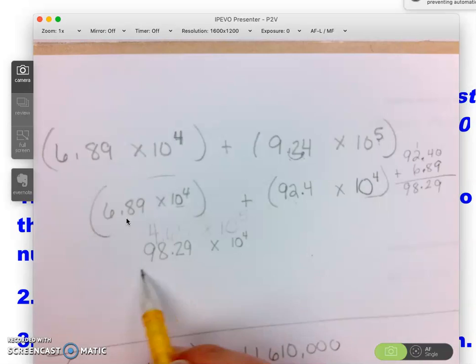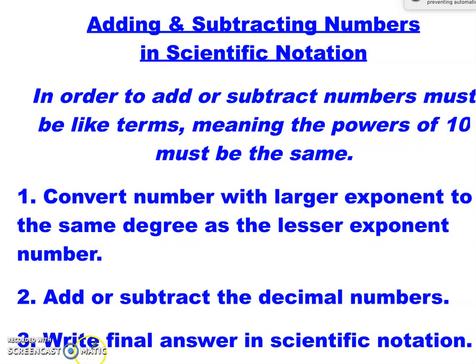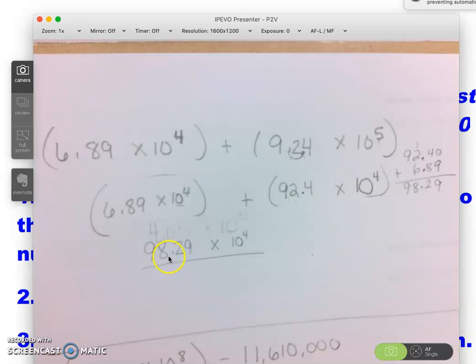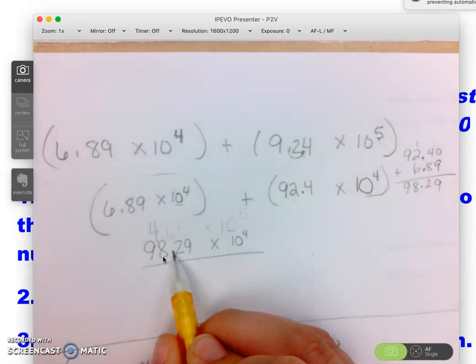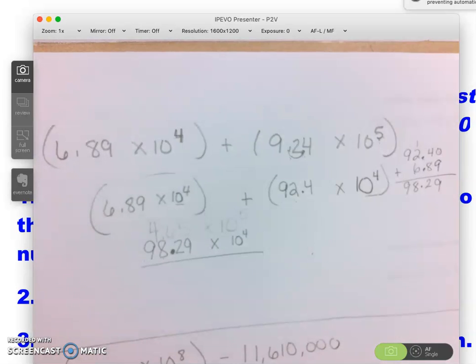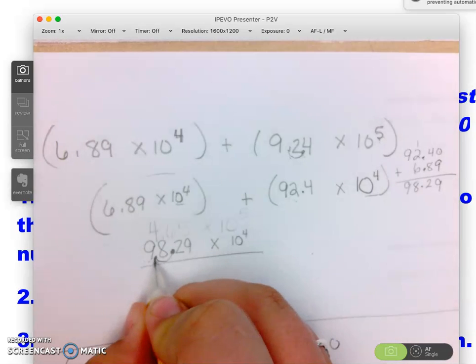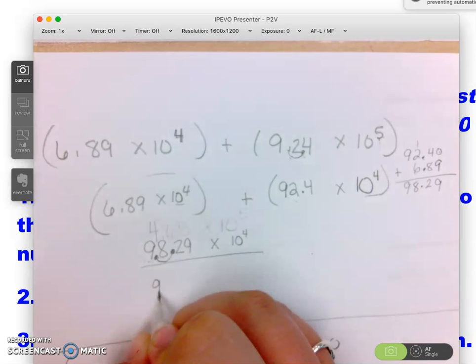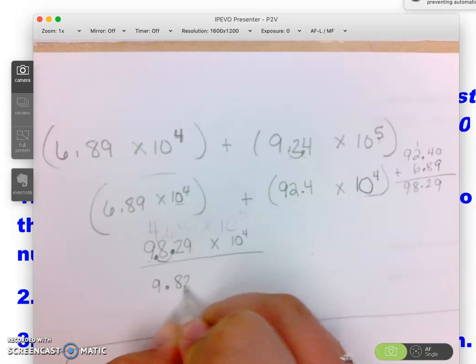So this is my answer, but if I look at my third step, write your final answer in scientific notation. This is not in scientific notation, because remember, my decimal has to have only one number to the left of it, and there's two numbers here. So I need to move this to here to make this 9.829.